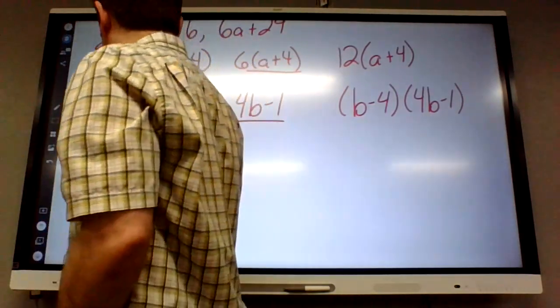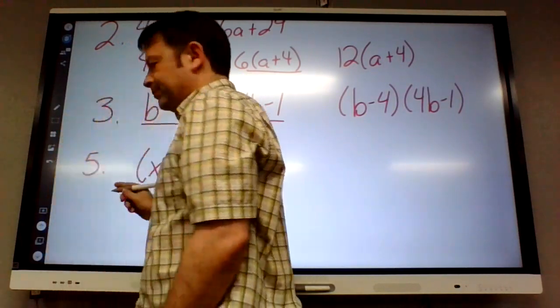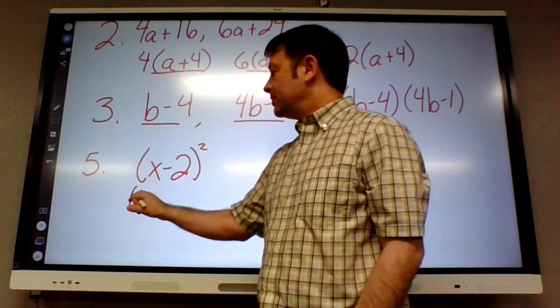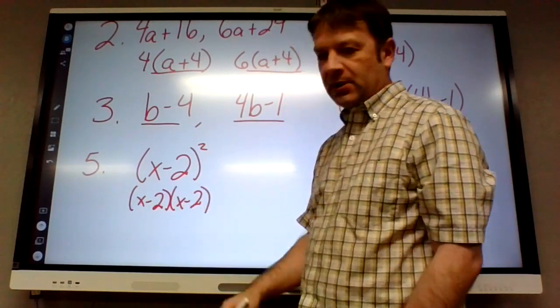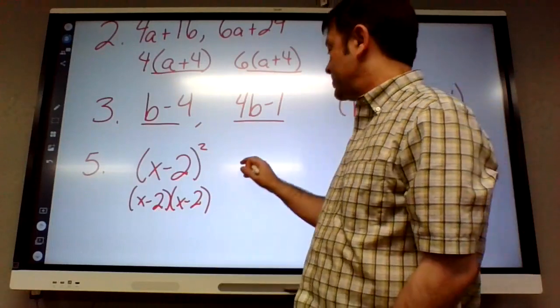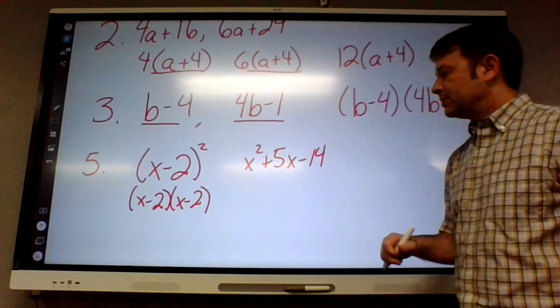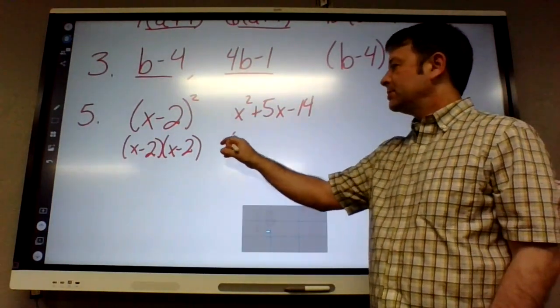X minus 2 squared. Can we factor x minus 2 squared any? No, it's already factored. This just means x minus 2 times x minus 2. It's already factored. Can we factor the other thing, x squared plus 5x minus 14? Does that factor? Yes, because it's 3 terms.